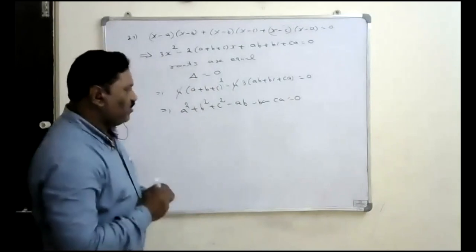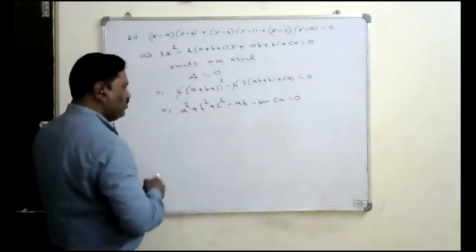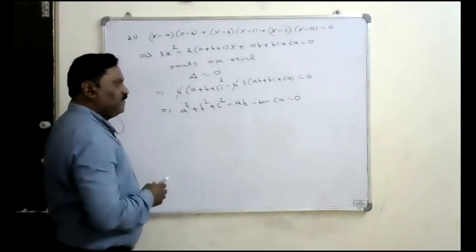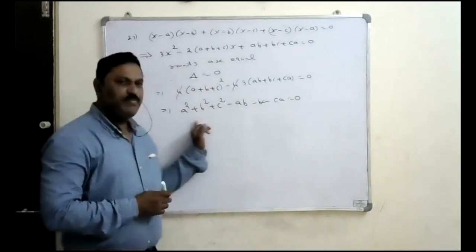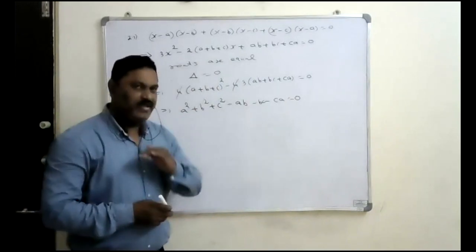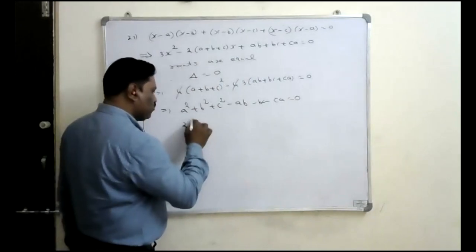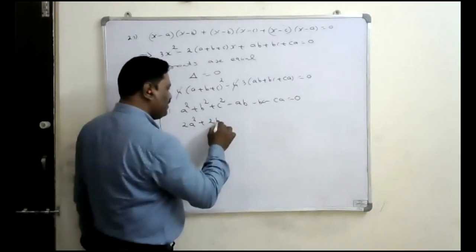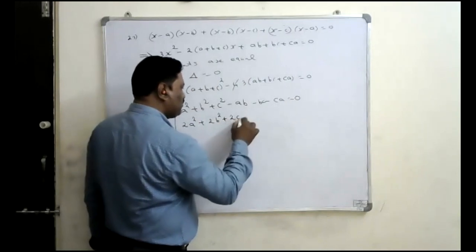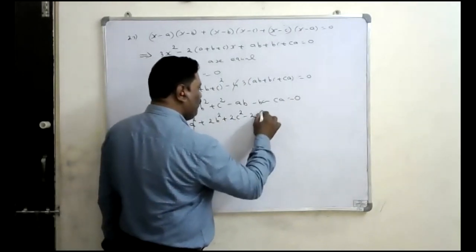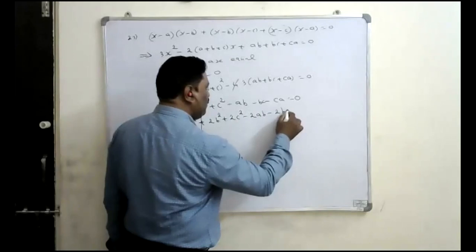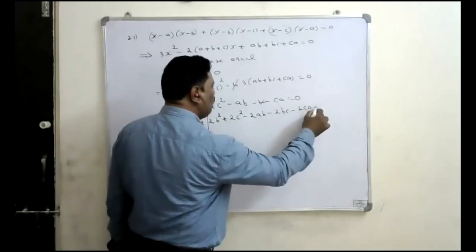So this is the point we have to remember carefully. Just observe that. If roots are real, here I will multiply every term by 2. If you multiply by 2, then it is 2A square plus 2B square plus 2C square minus 2AB minus 2BC minus 2CA is equal to 0.